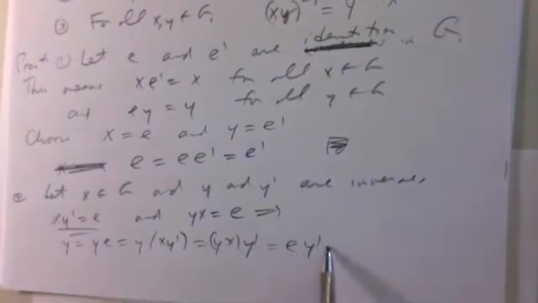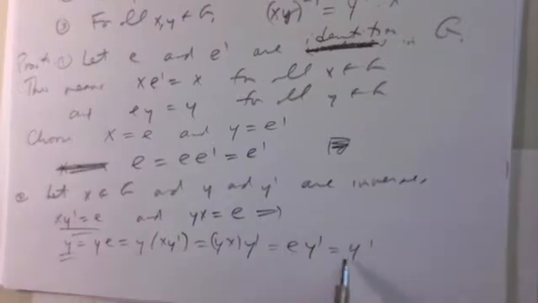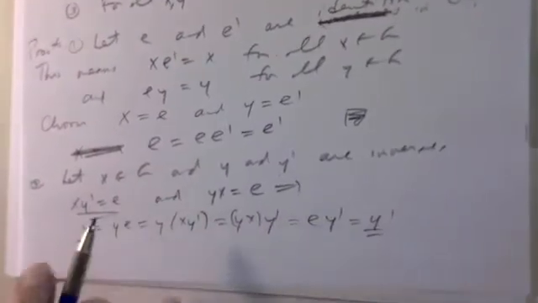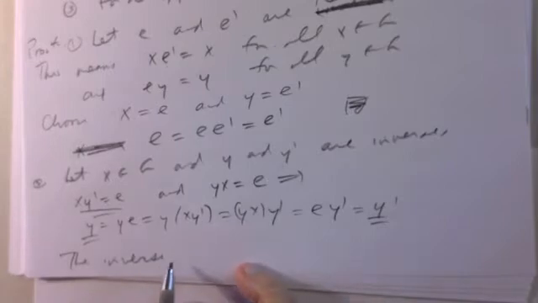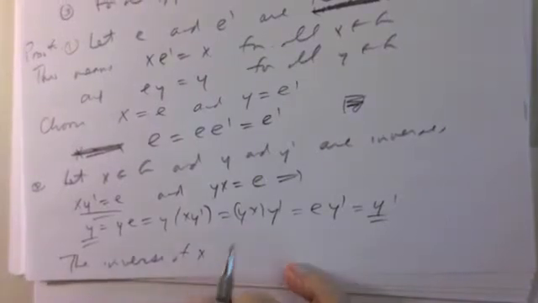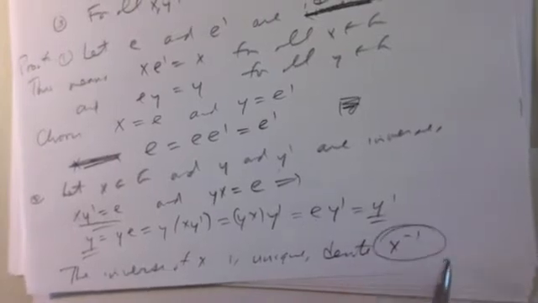And e is the identity, so this is y prime. So y equals y prime. So we know that an inverse of every element x exists, and this proves that it's unique. There's only one, and we will denote the inverse of x by x to the power minus 1.